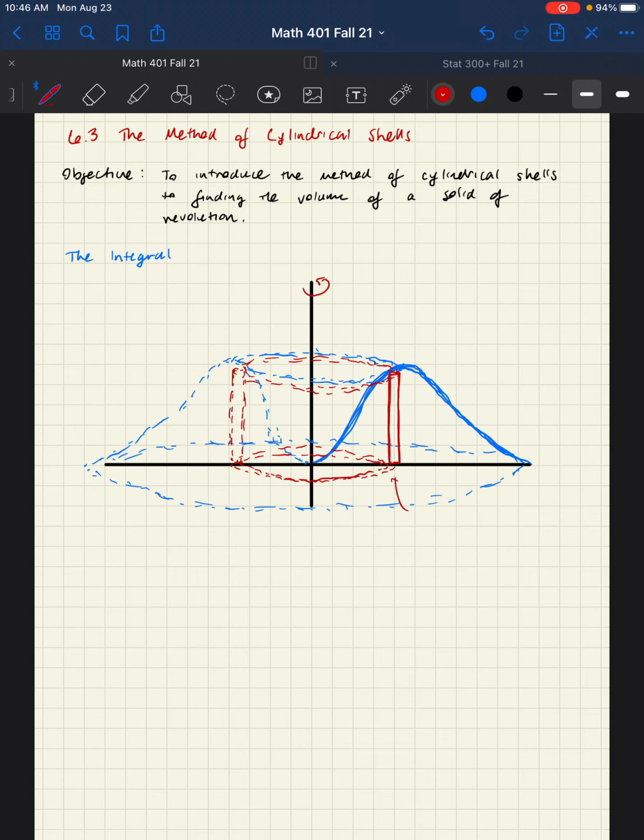Let's talk about how this is going to work. The intuition here is that this thickness, which we're going to call dx, is the thickness of the shell. The height, of course, reaches from the x-axis to the function value, which is f of x.